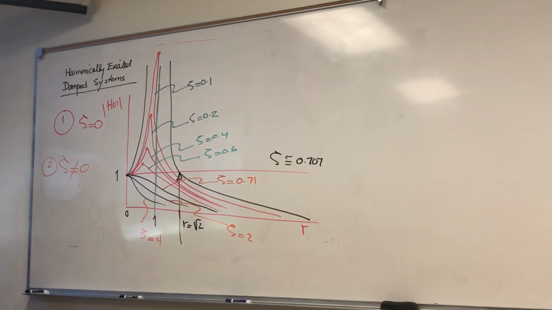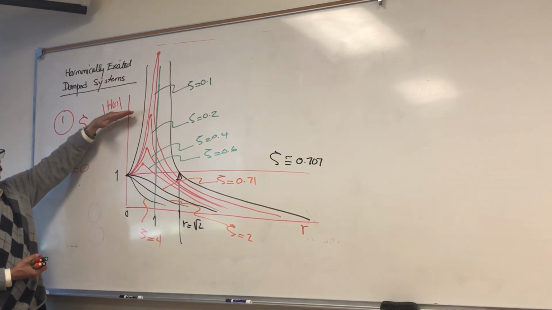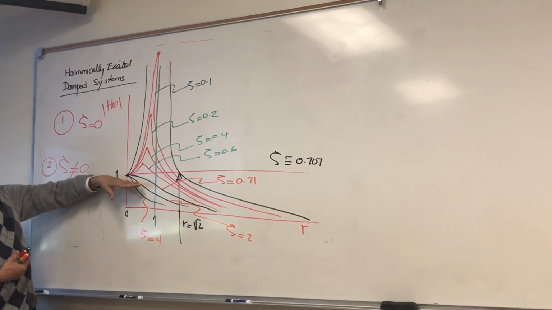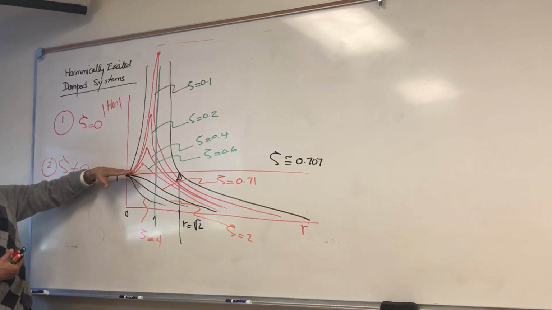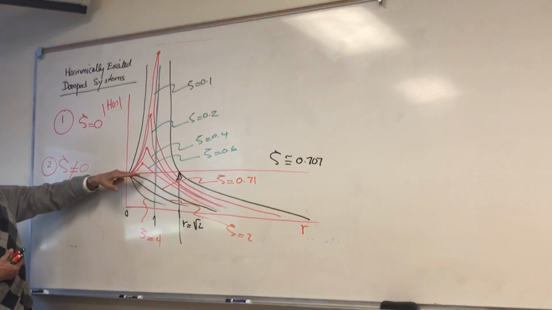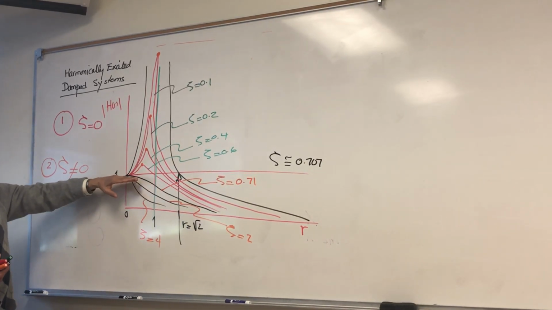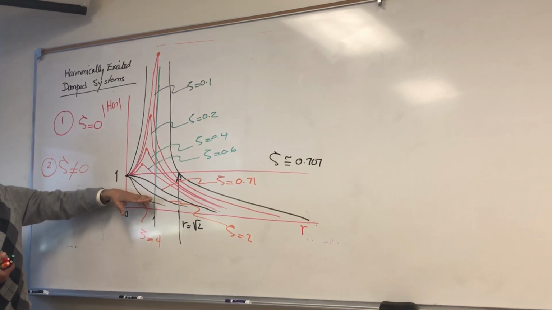One is, as damping increases, the peak value of this frequency response function is reduced. That means the maximum dynamic displacement becomes smaller and smaller, and once the damping ratio exceeds 0.707, in fact, the dynamic response is always less than the corresponding static response.